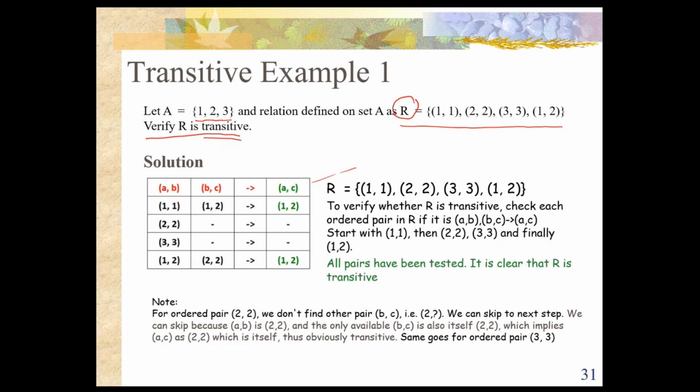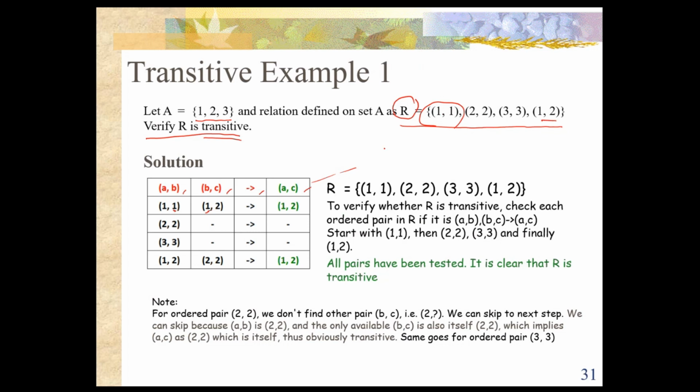The moment you see this, you prepare a table like this, whereby we have (A,B), (B,C) implies (A,C). So we start with (1,1), (1,1). We take the second part of the ordered pair, so we look if there's 1 with something else. (1,1), (1,1).